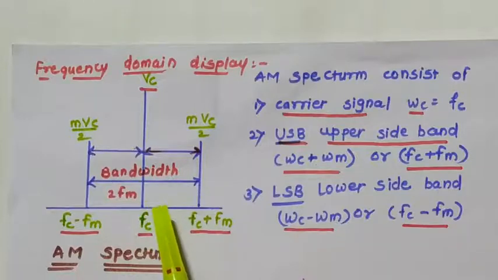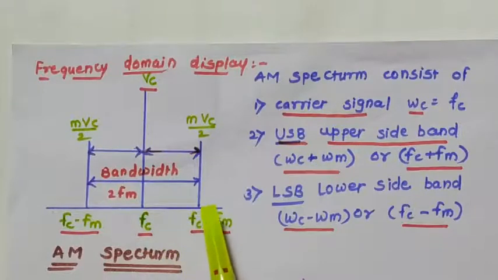Most of the power in an amplitude modulated signal is in the carrier. Okay students, but the useful power is only in the sidebands, that is the upper sideband and lower sideband. So for 100% modulation, only one third of the total power is carried by these sidebands. As the modulation index decreases, less power is carried by the sidebands.